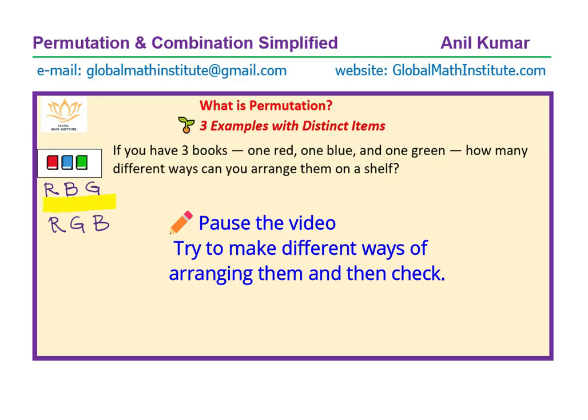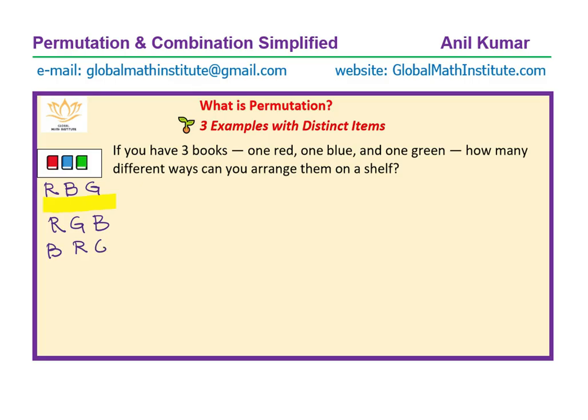Now we can think about placing blue first. With that we get two combinations just as we got one and two with red, right? So these are the two combinations which we get with blue. We could also start with green and then again we get two more combinations, correct?